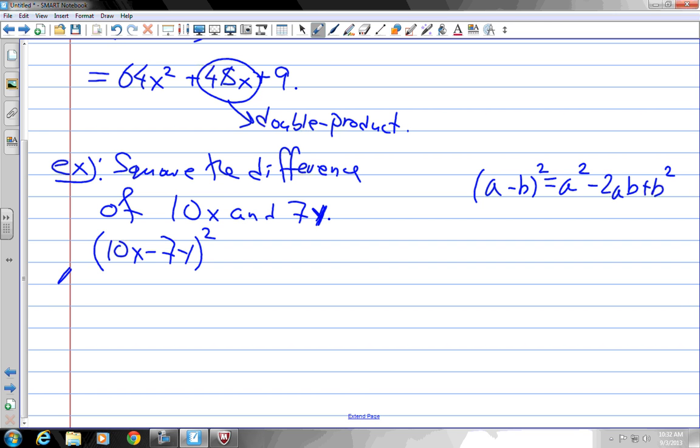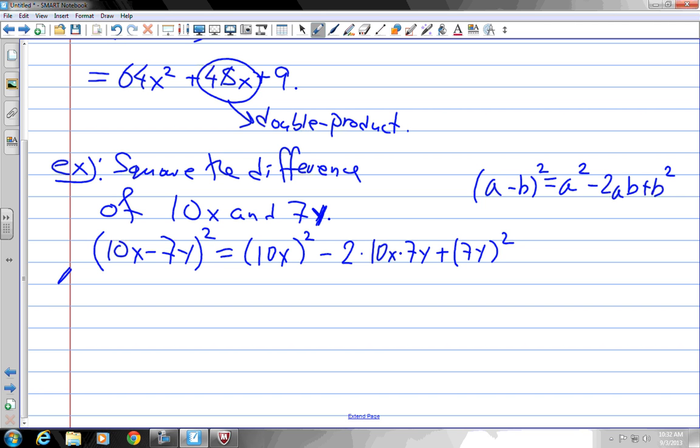So I can just go ahead and plug into that formula. For every A, I put 10x, for every B, I put 7y. So if I write it out, it's 10x squared minus 2 times 10x times 7y plus 7y squared. So this is that intermediate step.